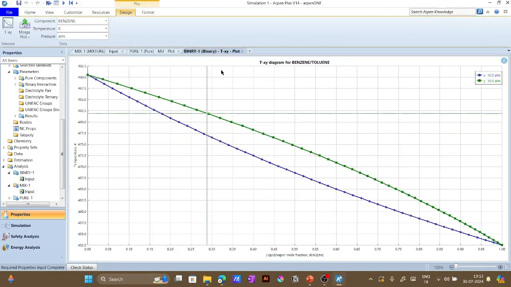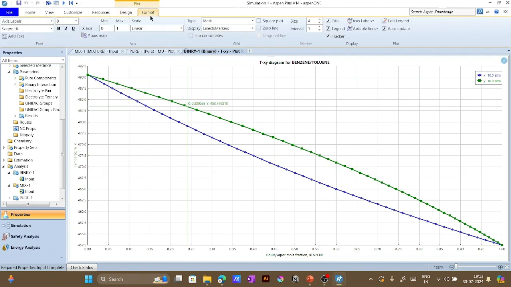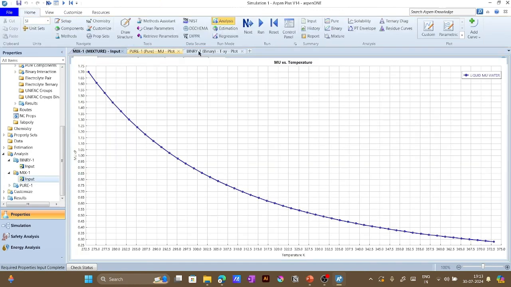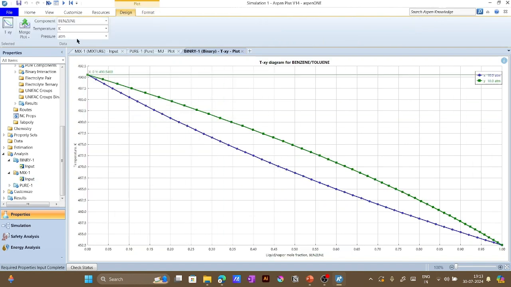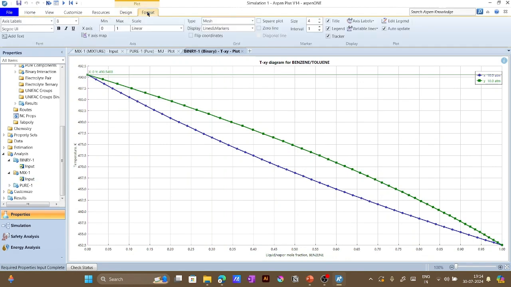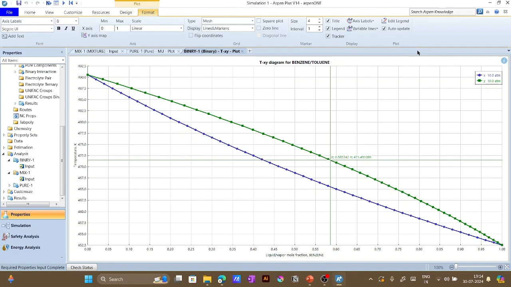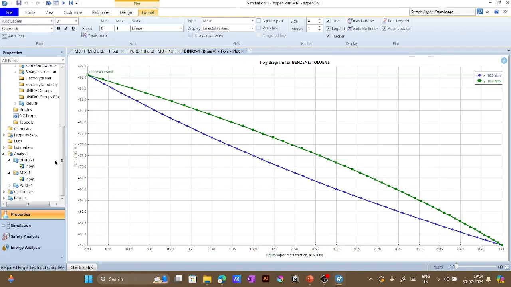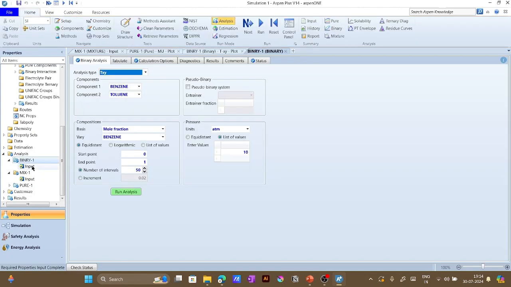Now one more thing here. When you have computed this TXY diagram, under the binary part you can also change the format.